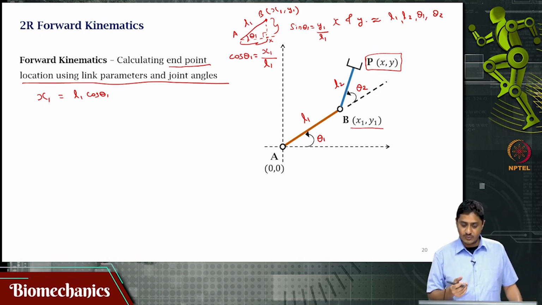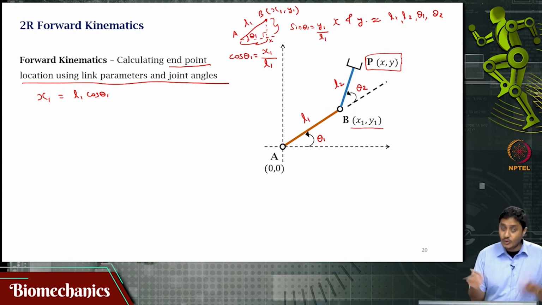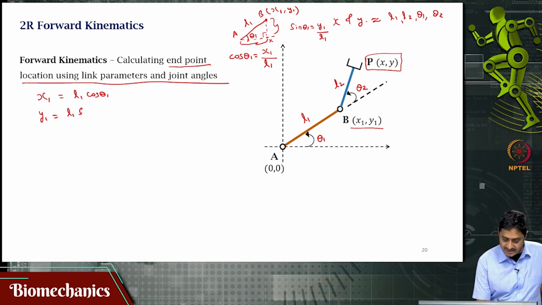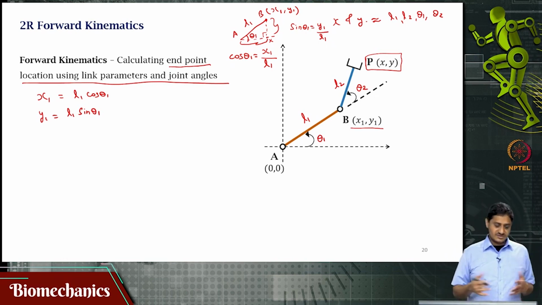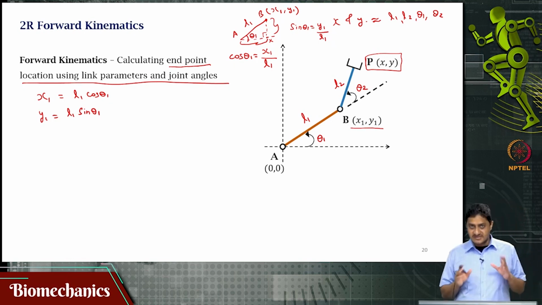The hypotenuse in this case is L1, the opposite side is the coordinate y1, the y coordinate of this point B. I do not know y1, so I am taking L1 to the other side, that means y1 is L1 sin theta 1. We have not yet solved the problem, it is just the beginning.